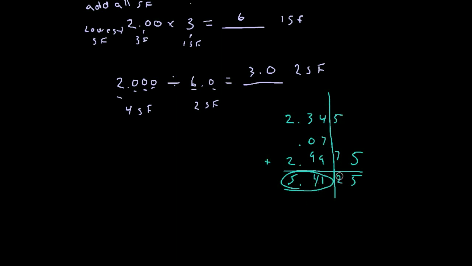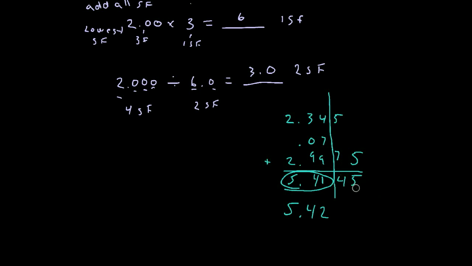Now, let's point something out here. Rounding, right? Let's just pretend for a second that this would have been like a 9. We would round this 1 to a 2, and we would say it's 5.42 instead of 5.41. Now let's pretend again that this was a 4.